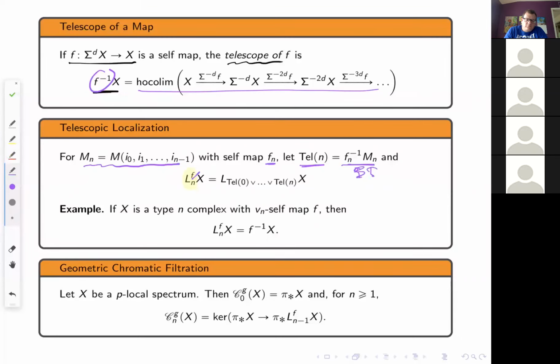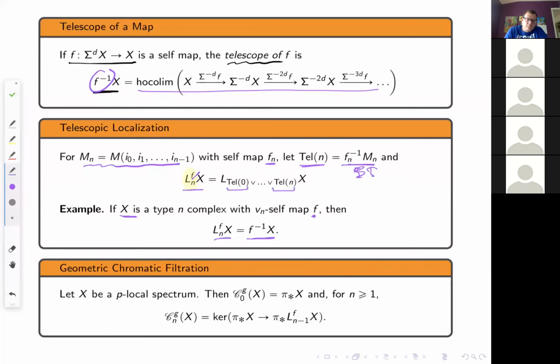The definition of L_n^f is very similar to L_n, but you localize at the wedge of these telescopes, Tel_0 up to Tel_n. If X happens to be a type n complex, then this does exactly what you would want. It has the effect on X of choosing a v_n self-map, doesn't matter which one, and inverting it.